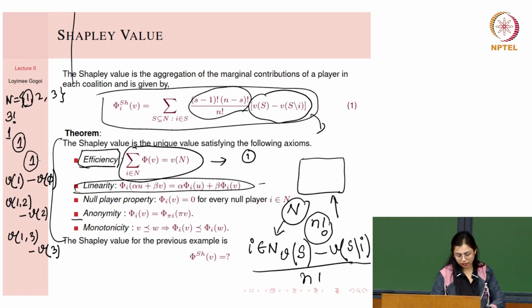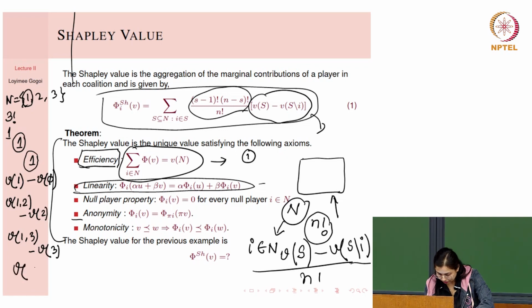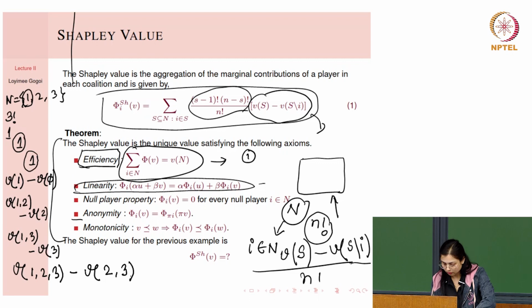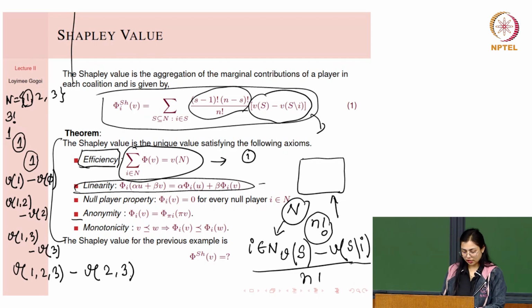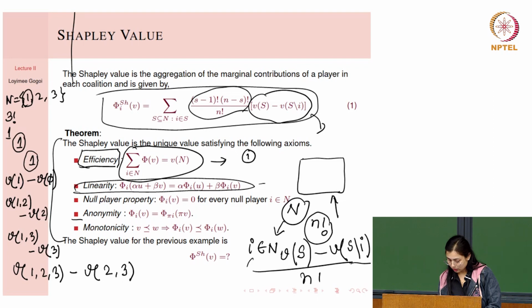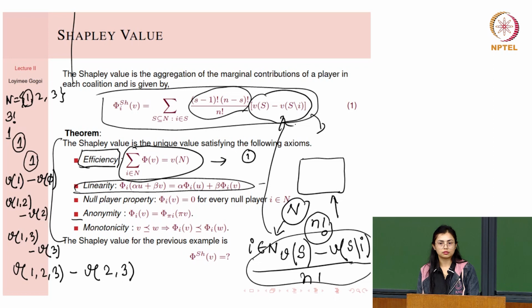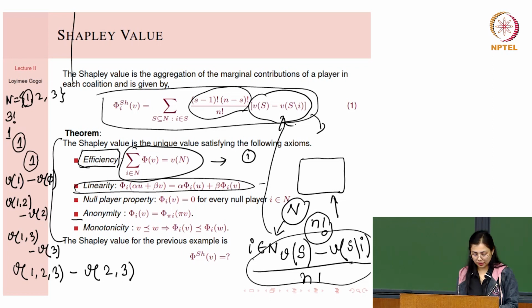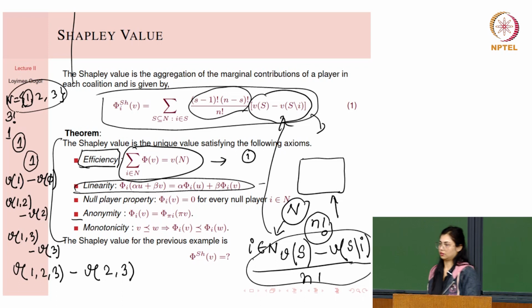So the Shapley value is the average of all these marginal contributions. So this is actually equivalent to this. In this simple example, you can verify it.